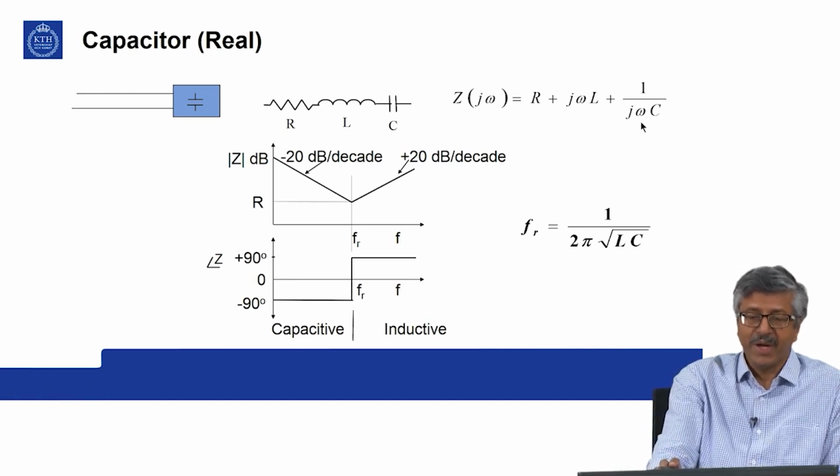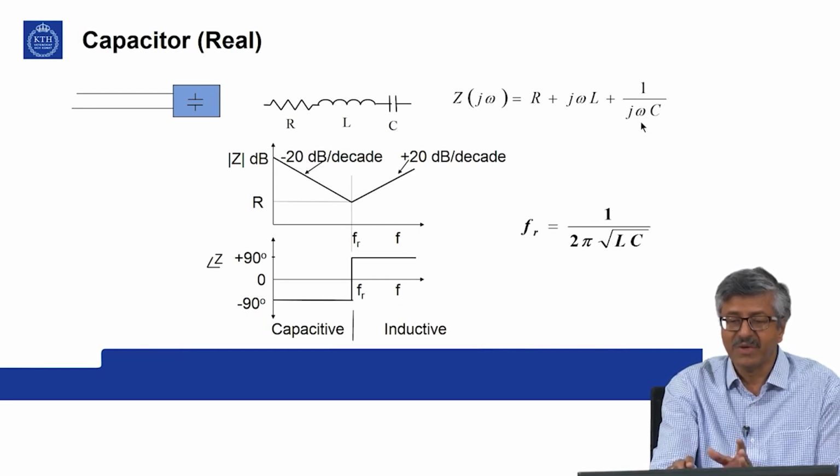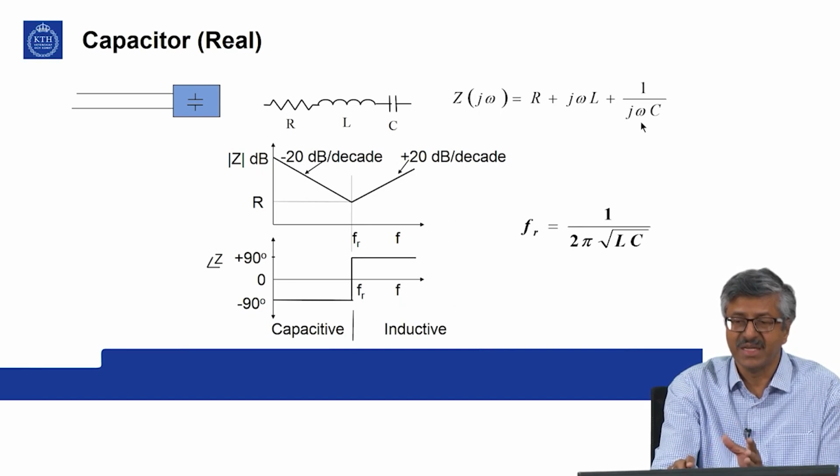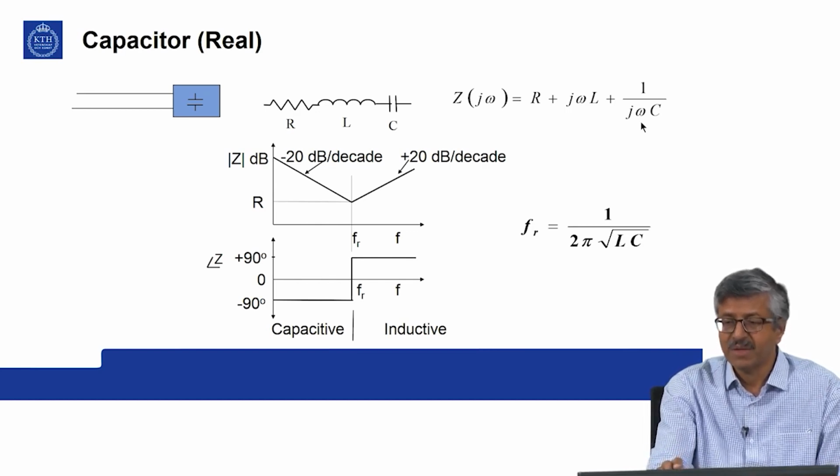Now, you can do a Bode plot, a frequency plot, of this. We are doing this idealization at the corners and we are assuming sharp turnaround at the corners just for easiness.